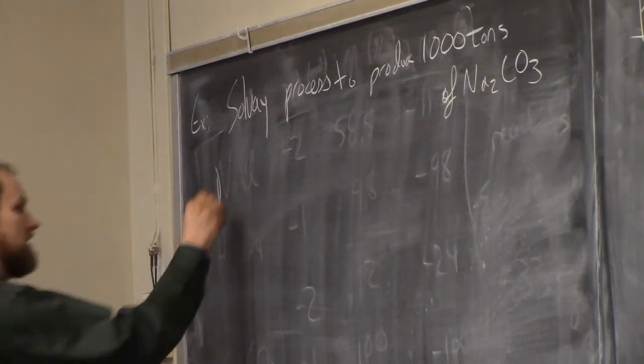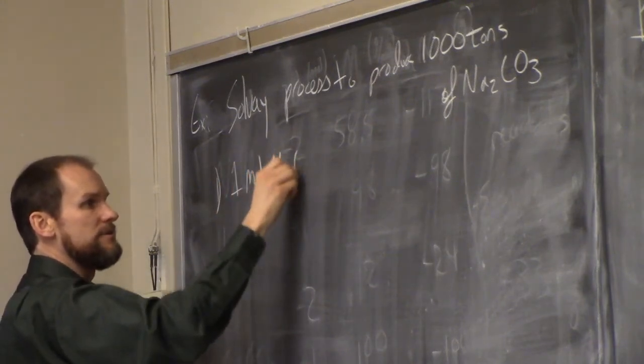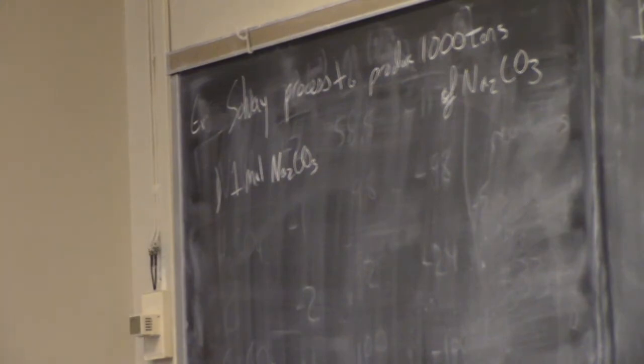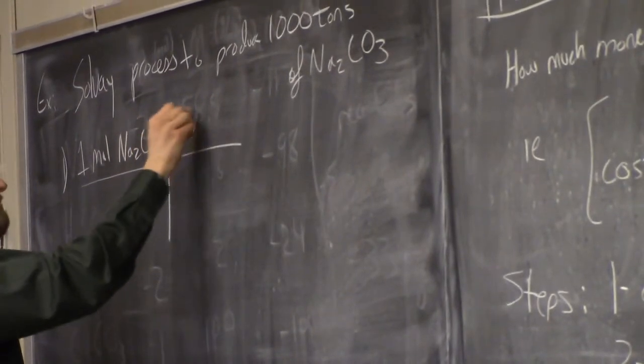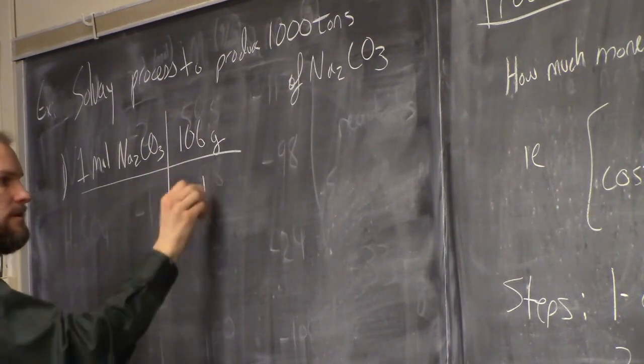Now let's look at the product. I need 1 mole Na2CO3. I want to convert that to mass. You guys already did this. I want to convert moles to mass. You guys just did this for me. So you told me you put the molecular mass over the moles.